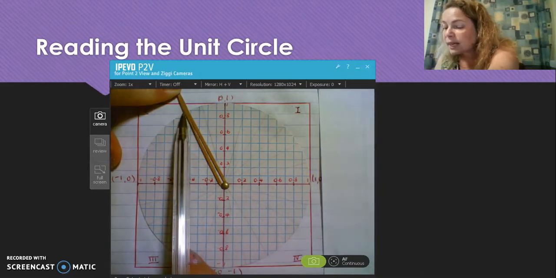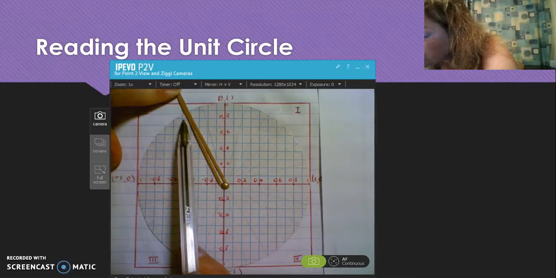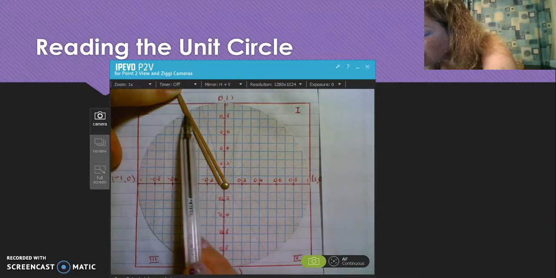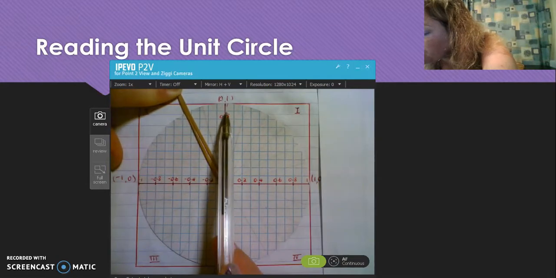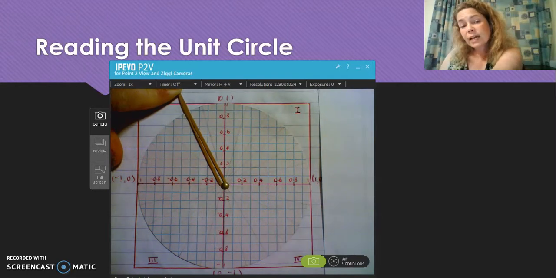And once again, our sine, which will be the vertical height, is around 0.87 because it's between 0.8 and 0.9. That's how we read our unit circle.